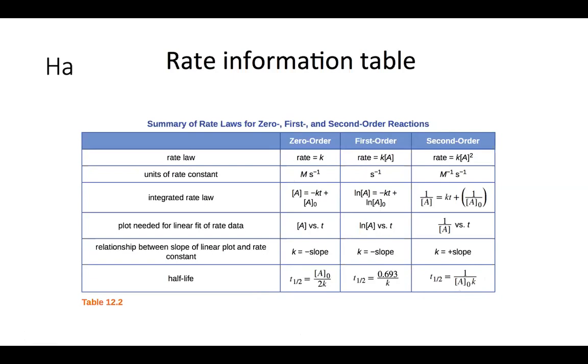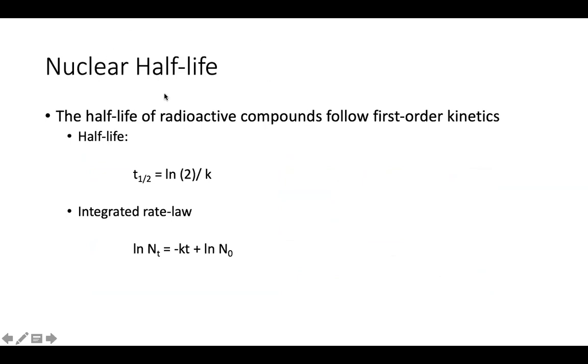Now in terms of chapter 19, nuclear chem, we really only care about first order reactions. Whenever we're looking at nuclear half-life, all of our radioactive compounds are going to follow first order kinetics, meaning they're all first order reactions, and those are the equations we should use.